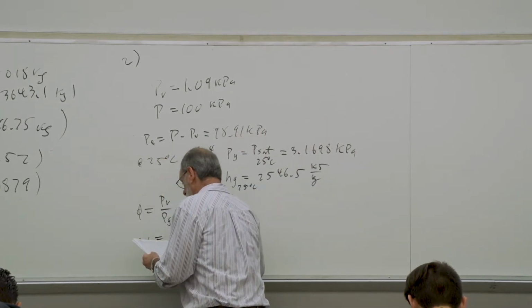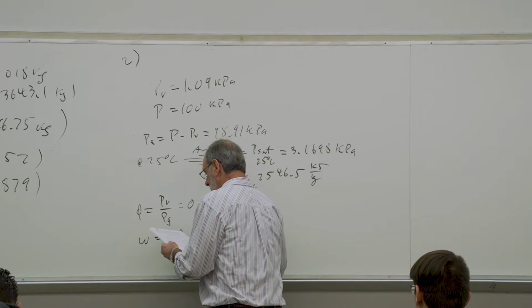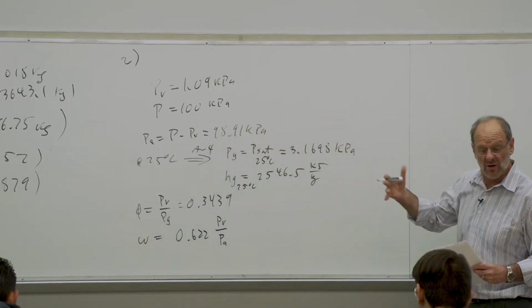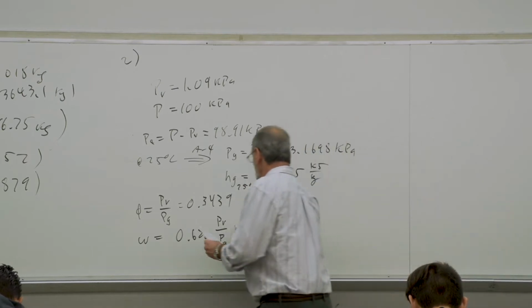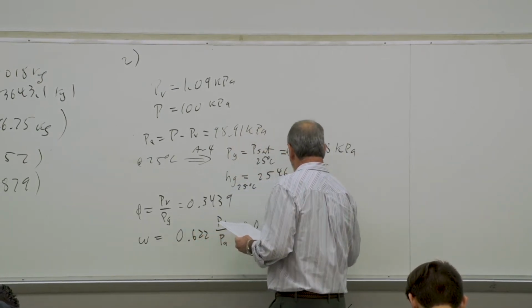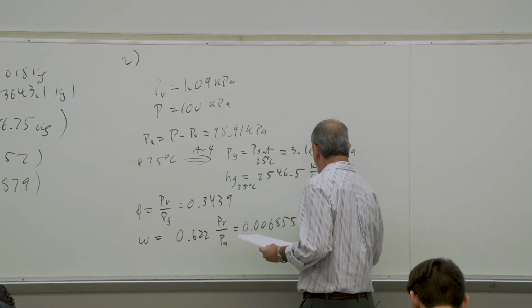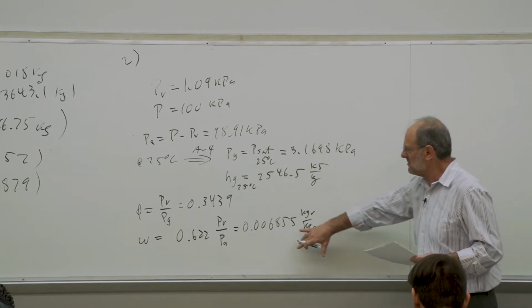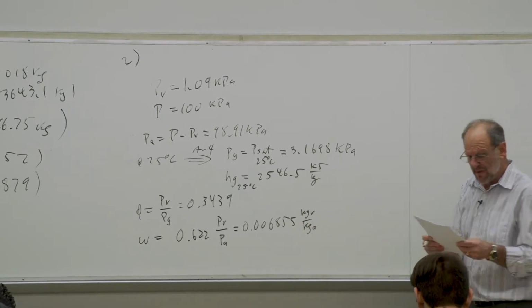That's just 0.622 times PV over PA, or if you will, PV over P minus PV. Nonetheless, we have this, and this is 0.006855 kilograms of water vapor per kilogram of dry air. Quite a few students forgot the units on this omega term.